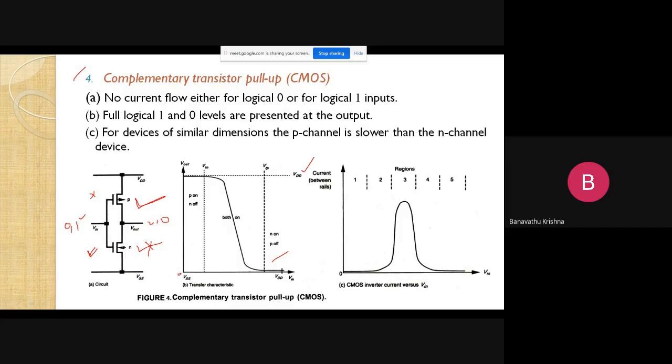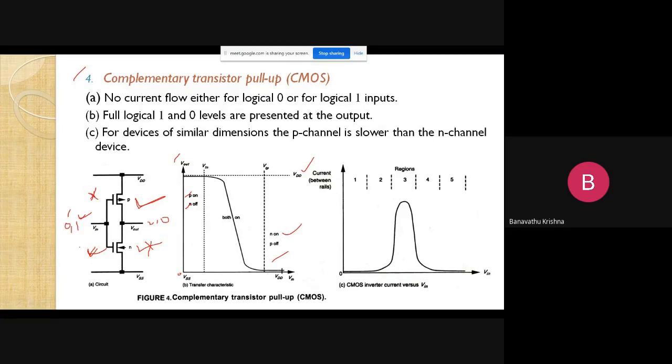In the first case, that is 0, PMOS is on and NMOS is off. So that's why we are getting the output response VDD, maximum here. And in the second case, V input is high, NMOS is on and PMOS is off. That is the response here.